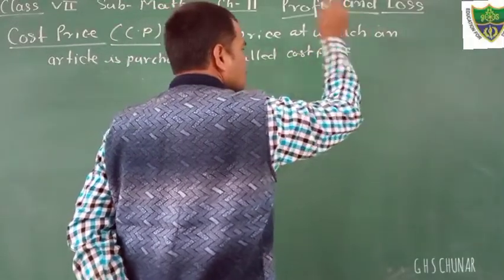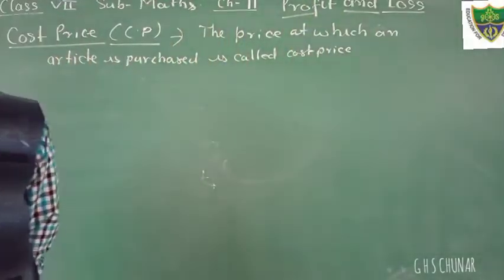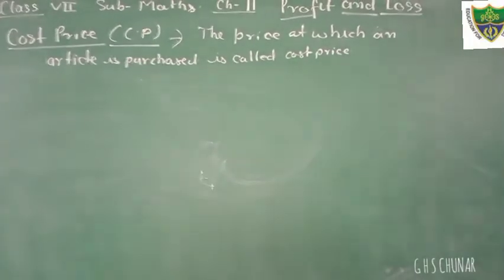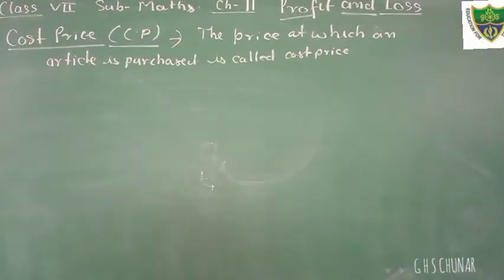This is called the cost price, written as CP. Now, the overhead expenses like sales tax, labor charge, and cartage are included in the cost price.